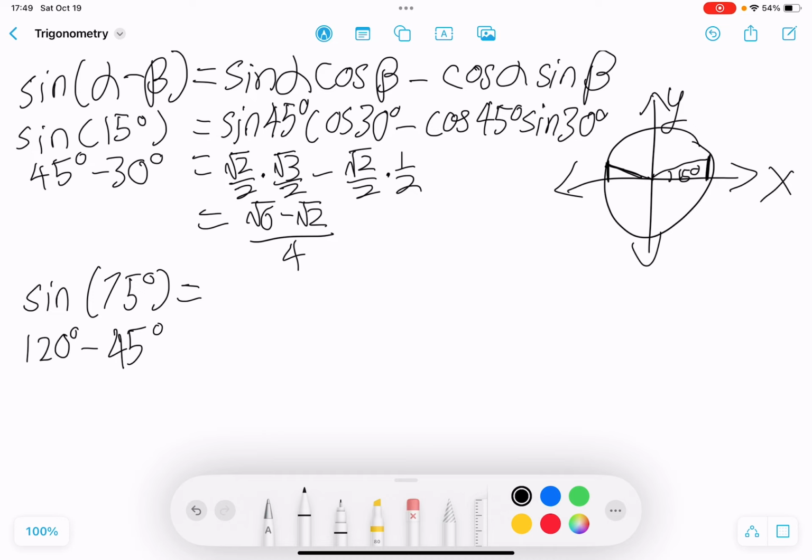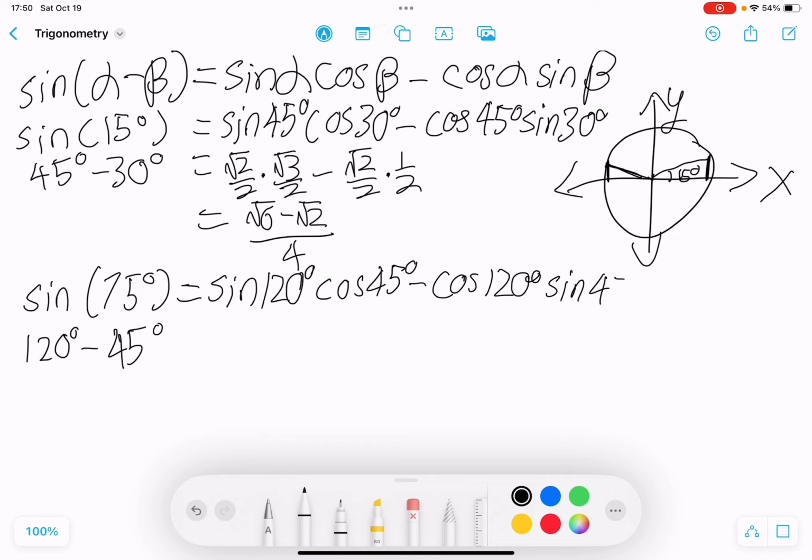So this basically means we can rewrite this as sine 120 times cosine 45 degrees minus cosine 120 degrees times sine 45 degrees. Sine 120 degrees is just sine 60 degrees times cosine 45 degrees.